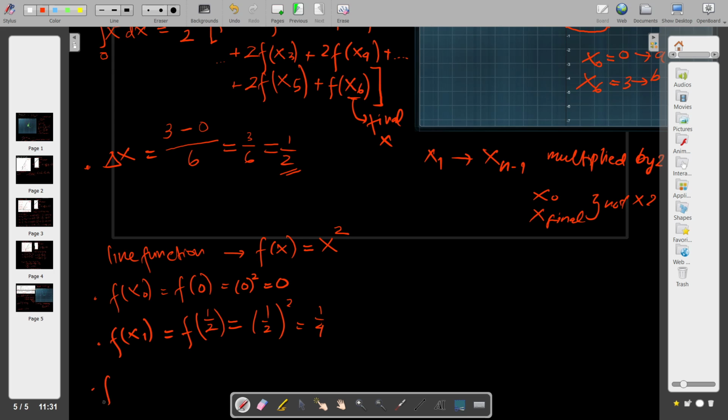Then f(x2) is f(1), so 1 to the power of 2 is 1.